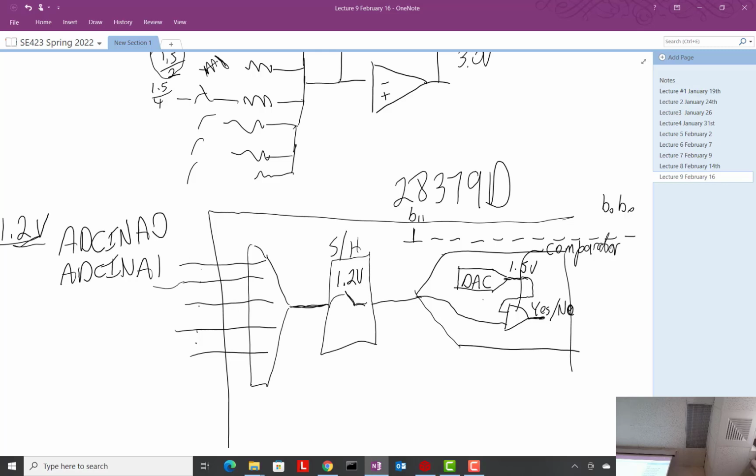And so what's the answer? We've got 1.5 coming in here, and we've got 1.2 volts coming in here. So the answer is yes, 1.5 is greater than 1.2. So if the answer is yes in the way I set this up, that means we should not set bit 11.